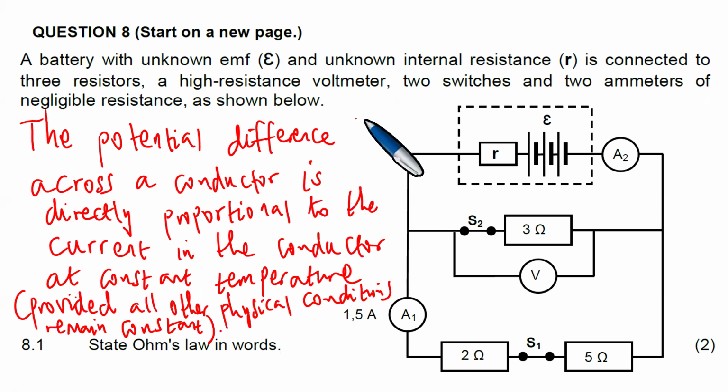In other words, we are saying the potential difference V across a conductor is directly proportional to the current I in the conductor, at constant temperature, provided all other physical conditions remain constant. So this is called Ohm's law in words. We move forward.